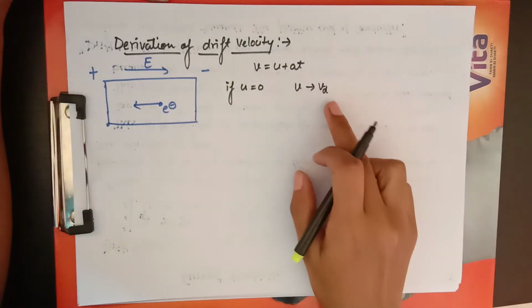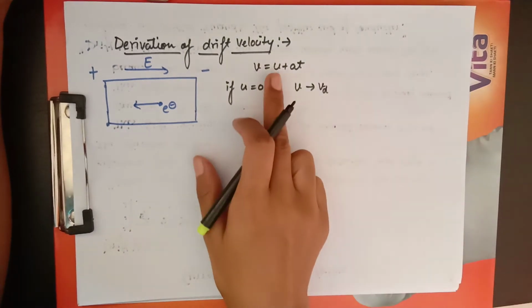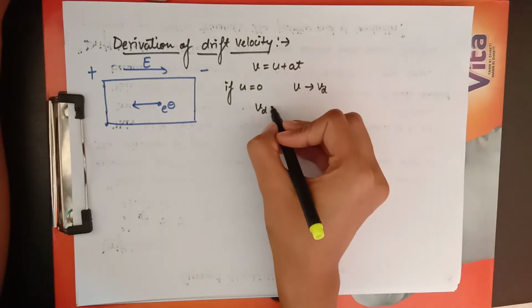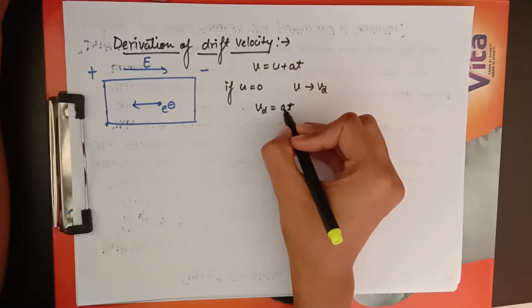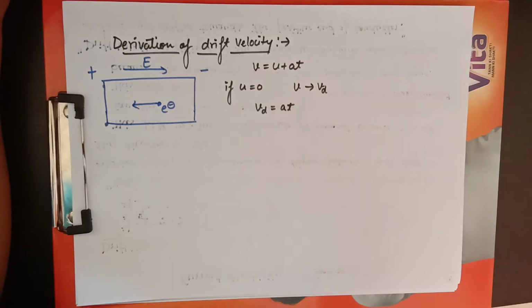So vd denotes our drift velocity. Putting u equals 0 in this equation, I get vd equals a into t, where a is acceleration and t is time. So now what will be that time?